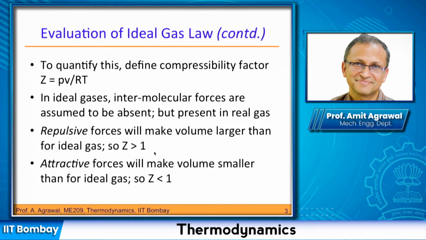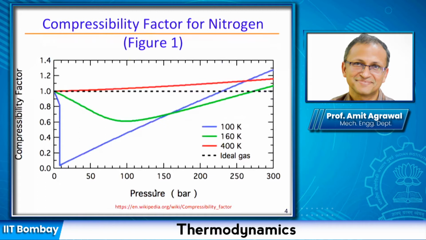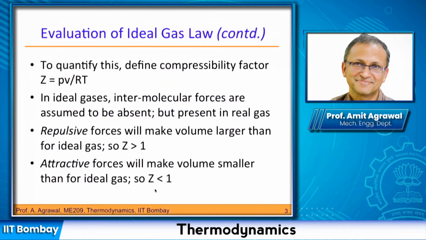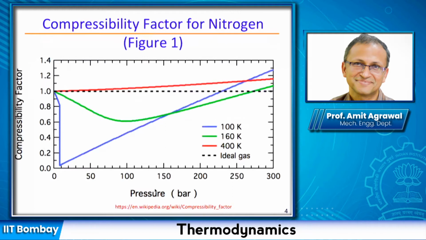So looking at the value of Z, I can start saying something about the intermolecular forces that a real gas is undergoing. And therefore it turns out to be a useful parameter to look at. And that's what we are going to do now: look at how the compressibility factor varies as a function of pressure and temperature.